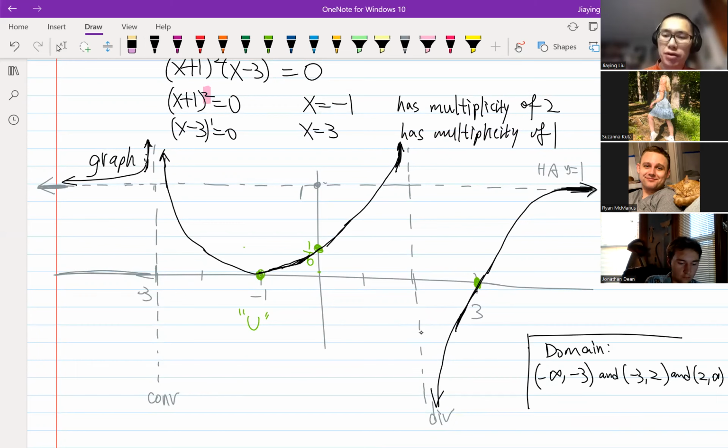What about the range here? Well, be careful, the range is not affected by the horizontal asymptote. So the horizontal asymptote has nothing to do with the range. The range is difficult to find if you don't have a graph, so you do need a graph to find the range. It's just whatever the graph covers, right?